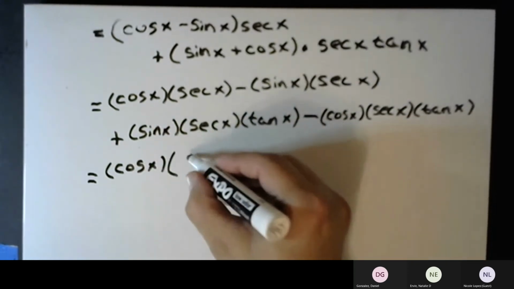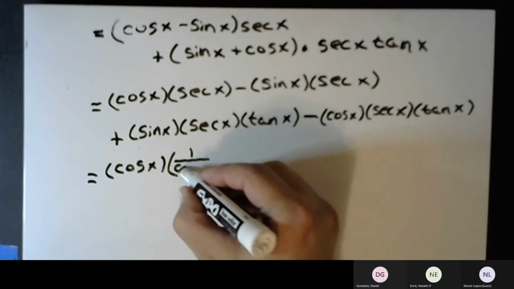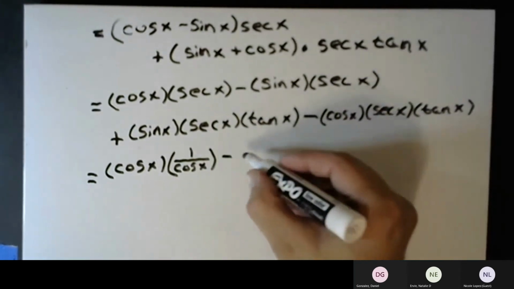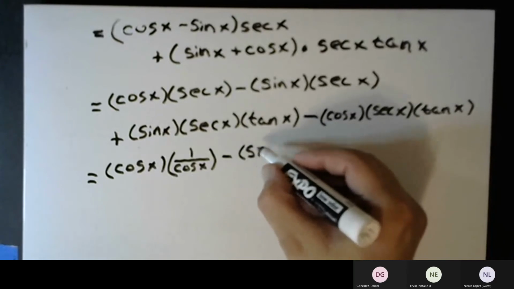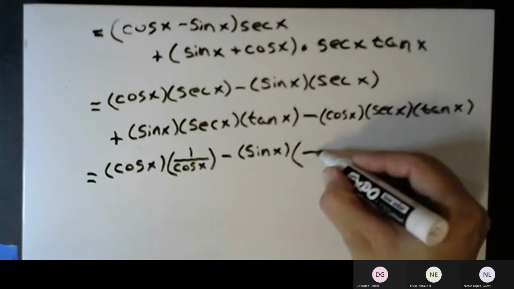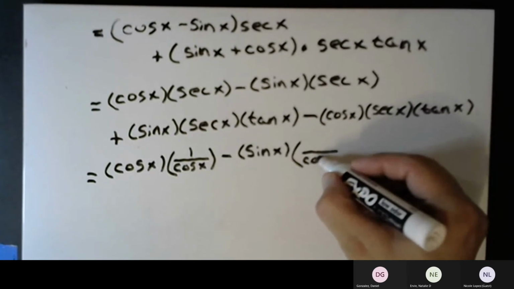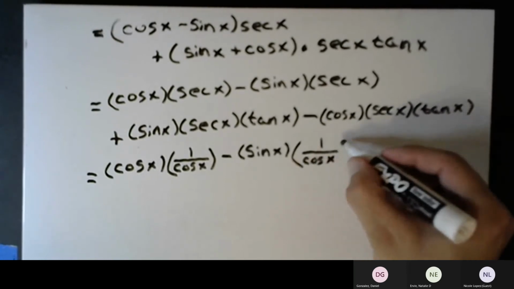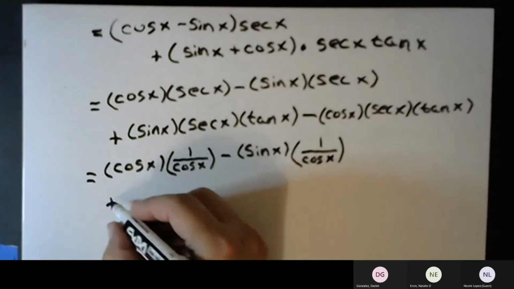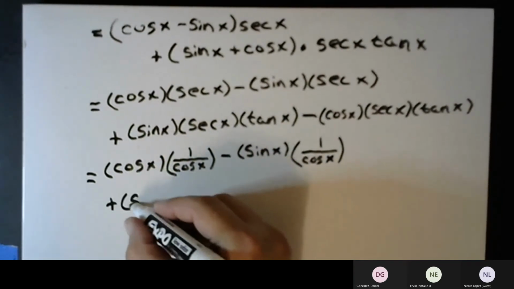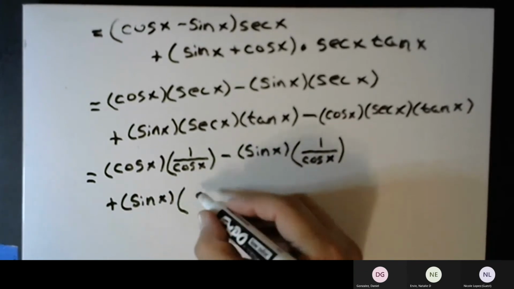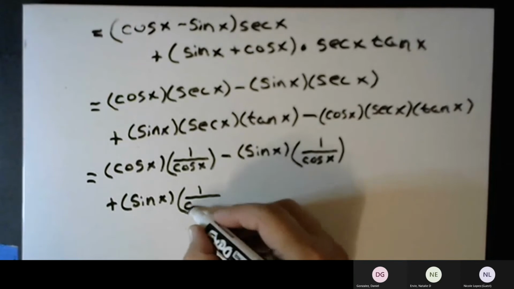So that's 1 over cosine minus sine over cosine times one over cosine, sine over cosine.